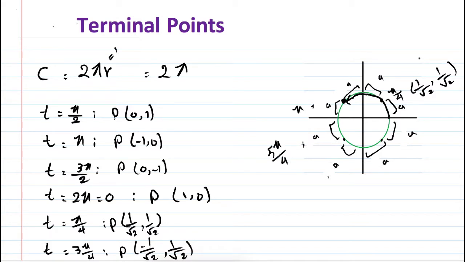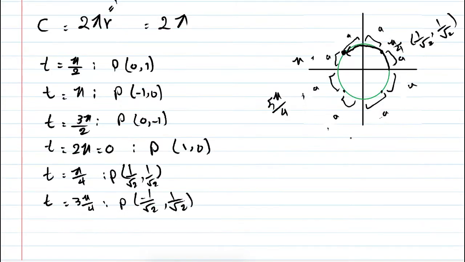Again, it will have the same terminal point, however, the signs depend on whether x or y is negative in this quadrant. If t equals 5 pi over 4, here we have x negative and y negative, so it will be negative 1 over square root of 2 and negative 1 over square root of 2.